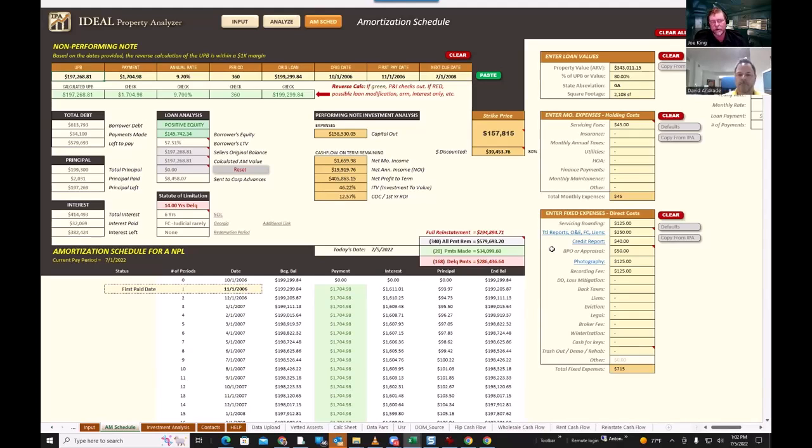How much does it cost for a credit report? What about a BPO? Photography, recording fees. There are fees that a lot of people don't talk about that are tacked on top of your bid that have to be accounted for. And we have things in here that you can add if you're doing an analysis on strictly a performing note. You can come in here and add those numbers, and you can really start to fine tune your overall return.